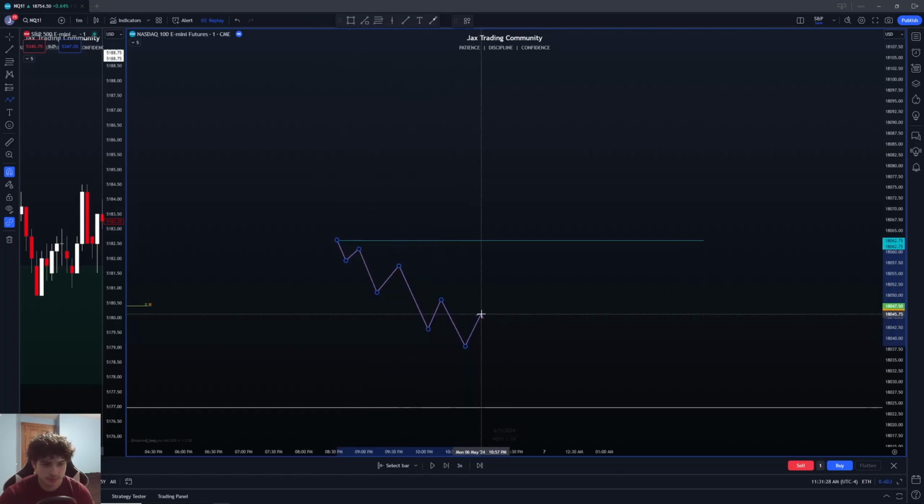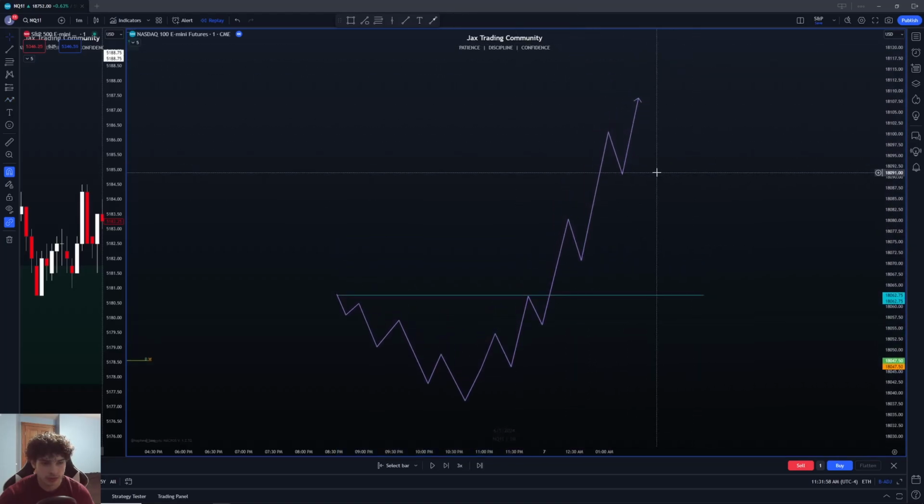So let's say this is Asia session. So this is 6 p.m. The daily candle starts here, not the actual day, but the daily candle starts here. If Asia and London session are in a downtrend, if they're trading below the daily open, you most likely will see New York have a run above the daily open.